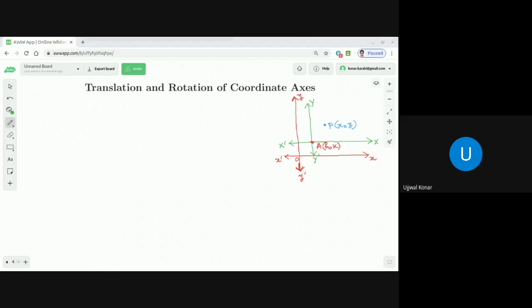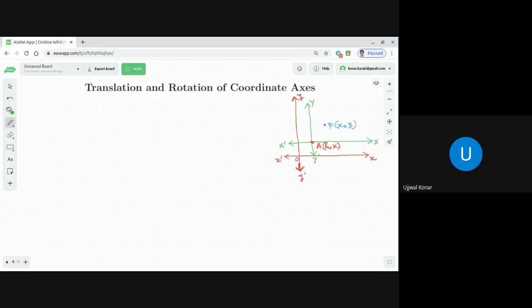Then the question is that point P, which was having a coordinate called x comma y with respect to the previous coordinate system, what will be its new coordinates with respect to the new coordinate system X A X dash and Y A Y dash? This is what is called translation of coordinate axis. This is what is called translation.